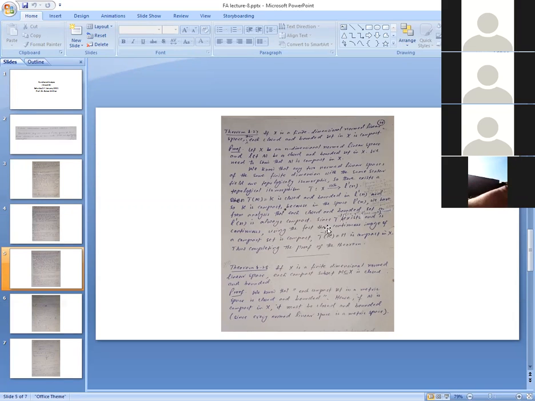Its inverse, T inverse, will be a map from L1^n to X. And this T inverse is continuous. Now using the continuous mapping theorem, T inverse is a map from L1^n to X, and T inverse is continuous.